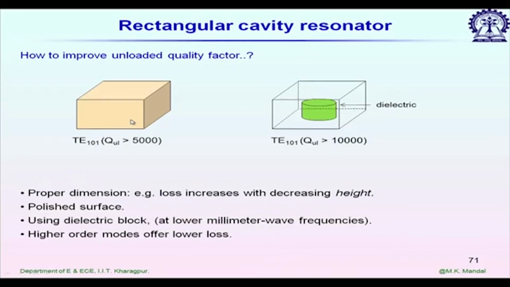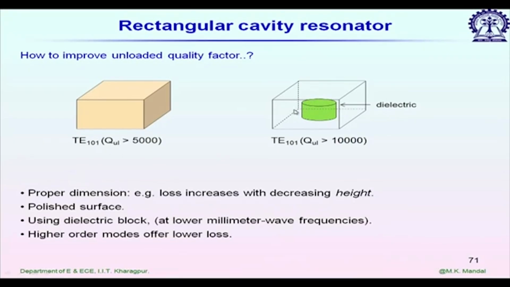Next, there is one more method to increase the unloaded quality factor or minimize loss. What is that method? Some very good dielectrics are available, for which the loss tangent is very small. Let us use one such dielectric block inside the rectangular waveguide. Then what is the advantage? Most of the electric field inside the cavity will be confined inside the dielectric, and the surface current excitation will be minimum.